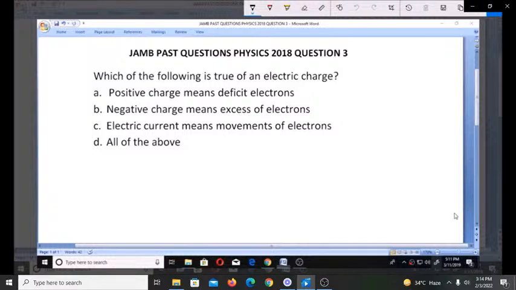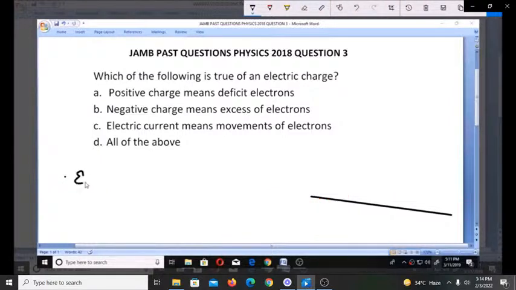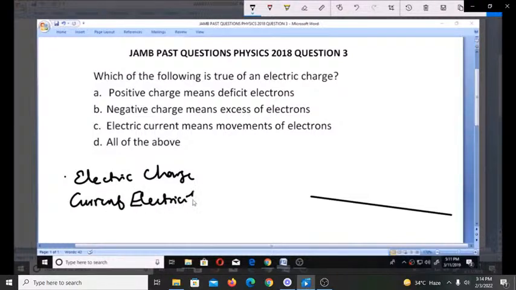Now, for us to understand this very well, we need to first of all understand what electric charge is, or what current electricity is. Current electricity is simply the flow of electrons or flow of charges.